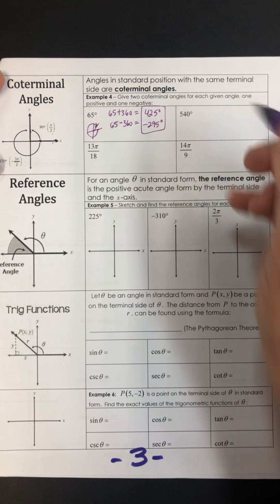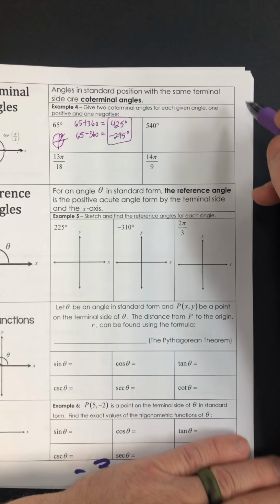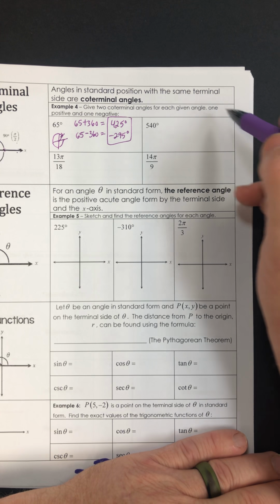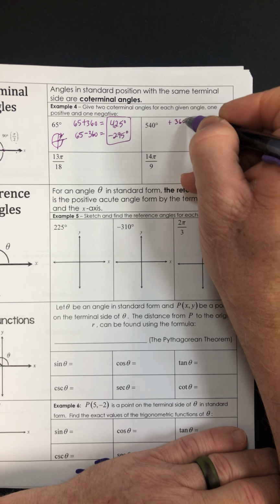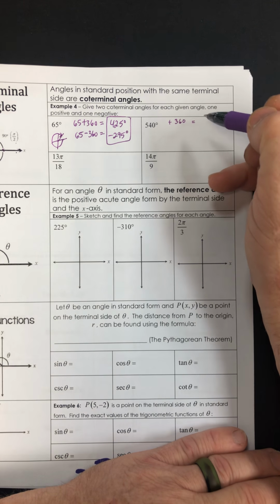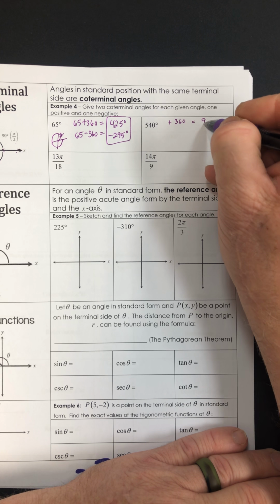So 540. With that in mind, if you go to 540 and then add 360, you're going to get a coterminal angle. This should be 900.